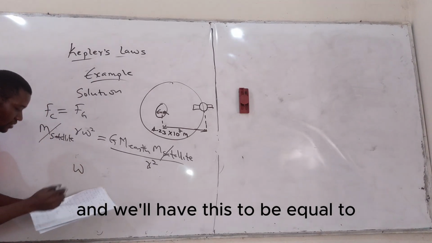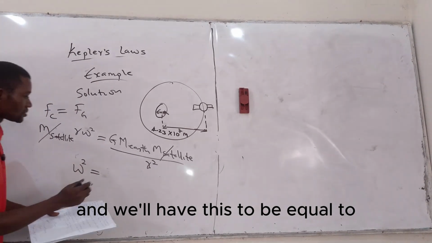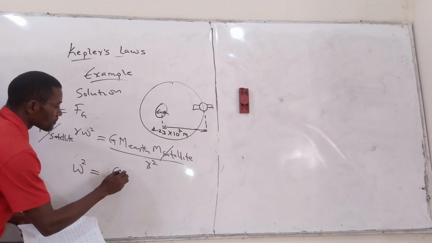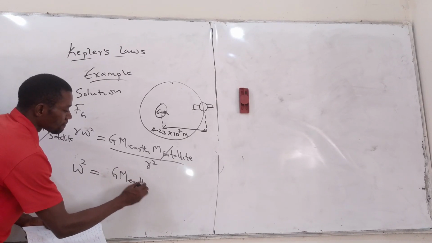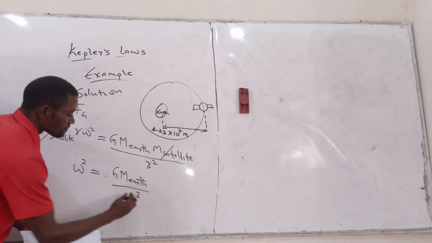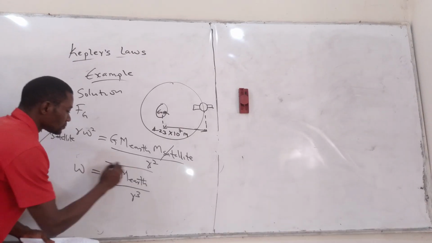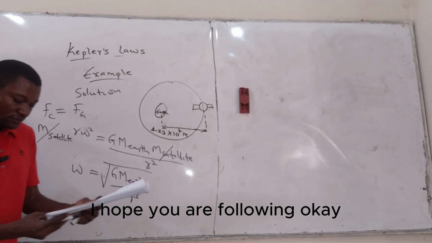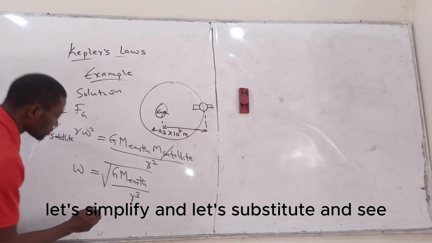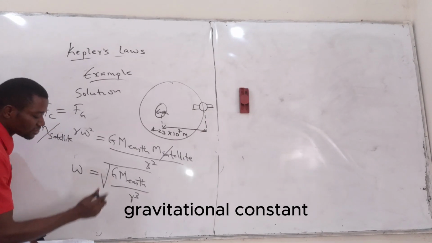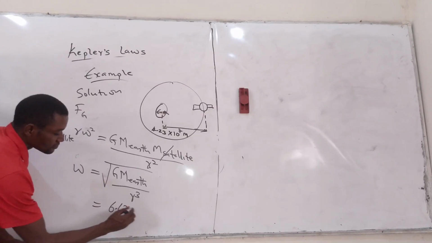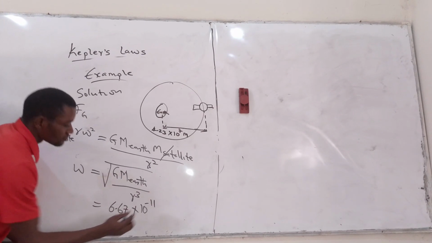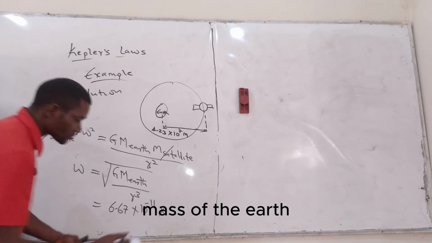And we'll have this to be equal to... I hope you are following. Okay, let's simplify and let's substitute and see. Gravitational constant, mass of the Earth.